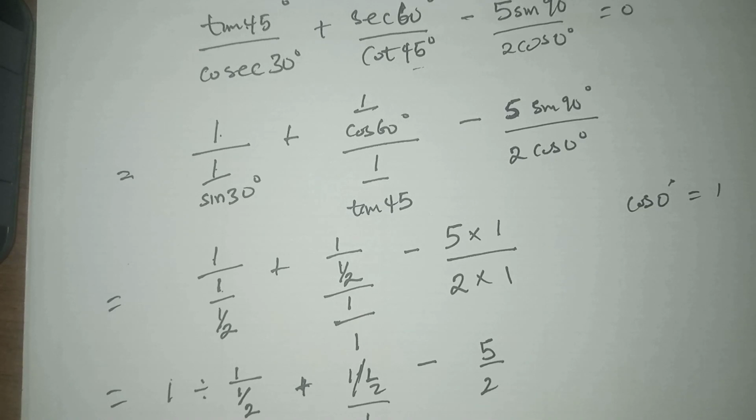Then plus 1 divided by 1 over 2. Then minus 5 over 2.